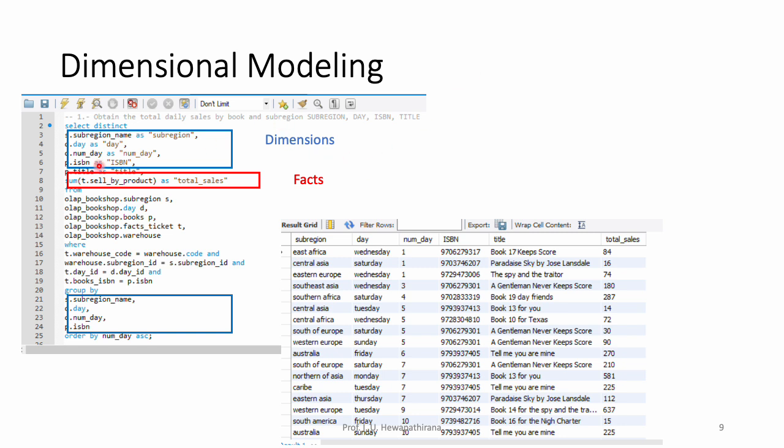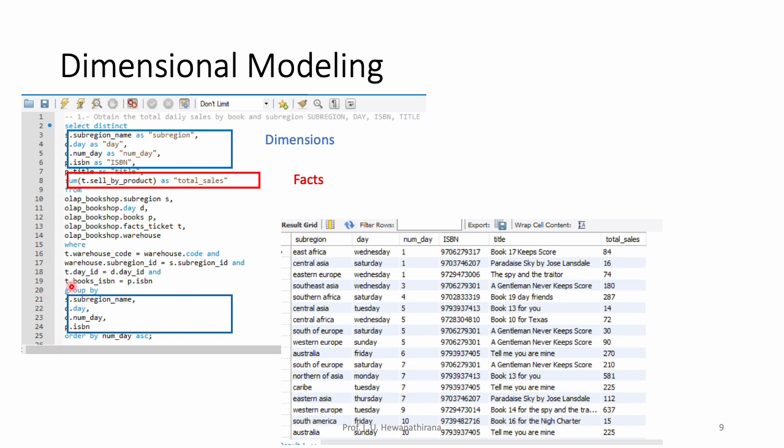To get the total daily sales by book and sub-region, you have to select the dimensions. These dimensions help us to summarize. And then we have the facts. We are interested in total sales, so you take the summation of the sales for that sub-region, day, and book. And you use the dimensions to group by.